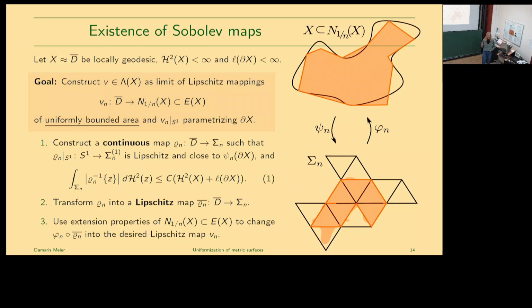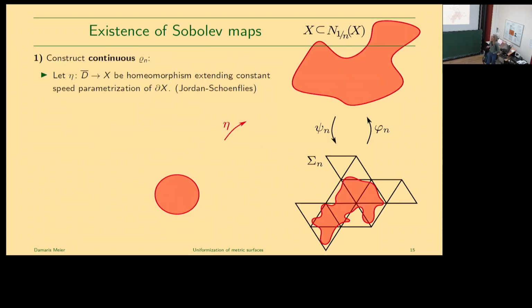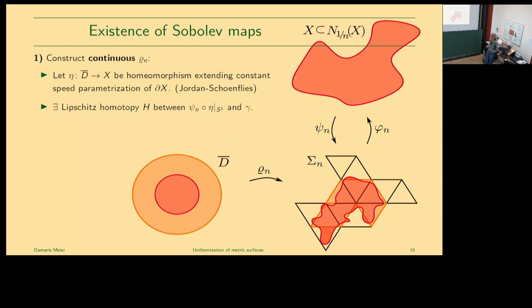Are there any questions? Okay. So to construct a continuous map, we first take a homeomorphism that extends the constant speed parameterization of our boundary, and we map it down with psi n. Now, because we're in this Euclidean setting, we can find a nice Lipschitz homotopy between psi n composed with this eta restricted to S1 and gamma. Gamma is a Lipschitz curve contained in the one skeleton.